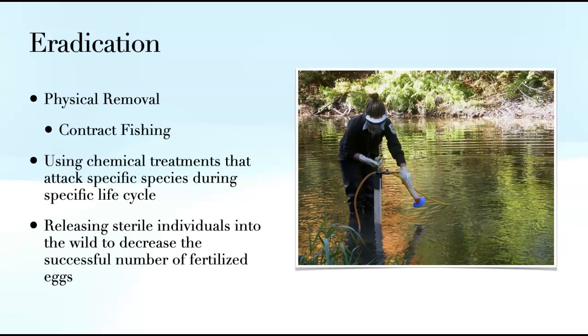Another way is using chemical treatments that attack specific species during specific times in their life cycle. This reduces the chance of harming other native species. Also, we can release sterile individuals into the wild to decrease the number of successfully fertilized eggs.